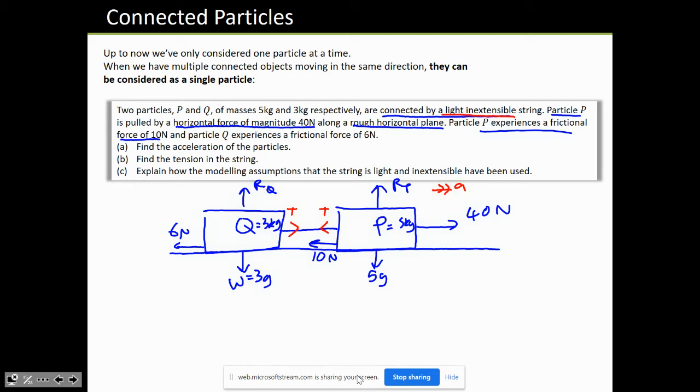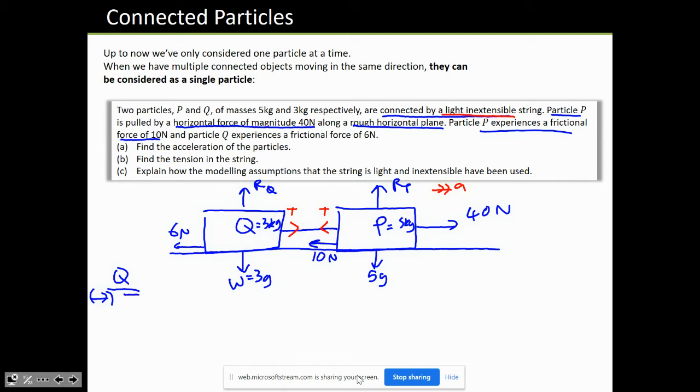Now we could consider the particles individually. If we just consider particle Q, and take the right as positive, because we're accelerating in that direction, the only forces affecting Q are our tension and our frictional force in the horizontal plane.